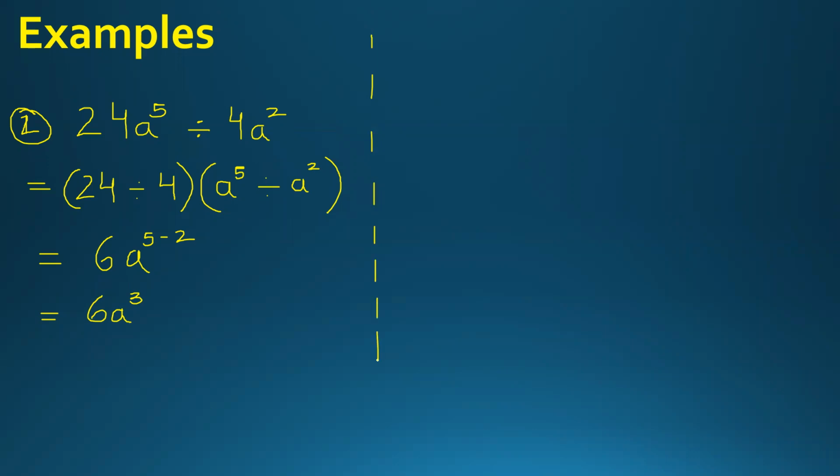All right. Good. So let's do it. So number 3, let's say we have 42 b to the power of 6 divided by 7 b to the power of 3.